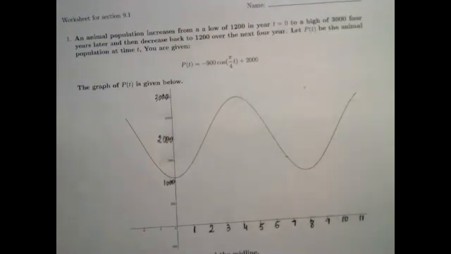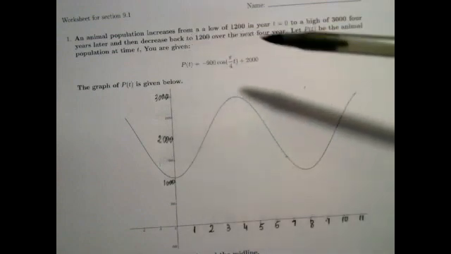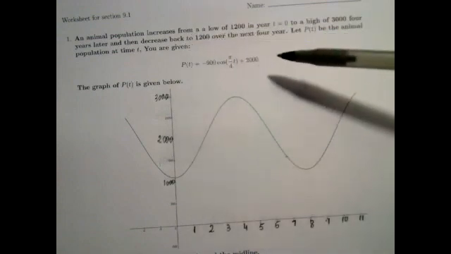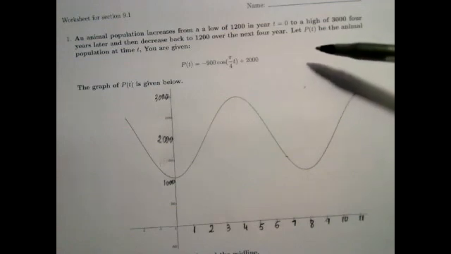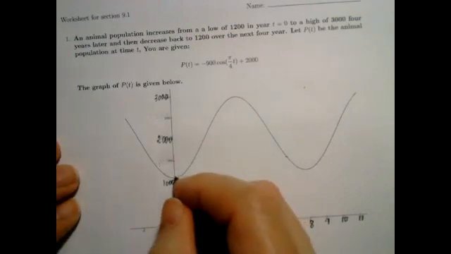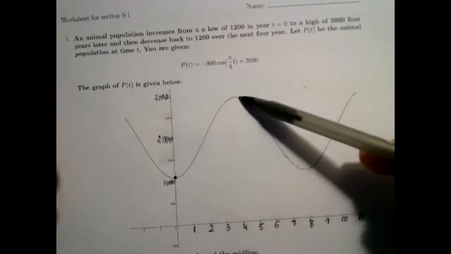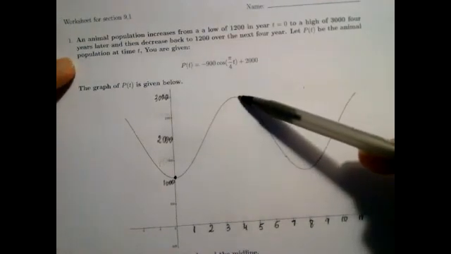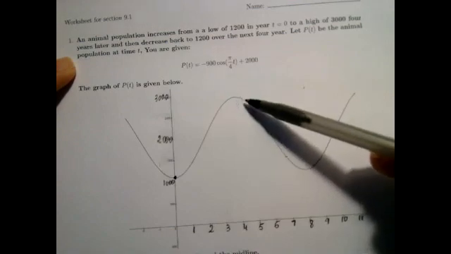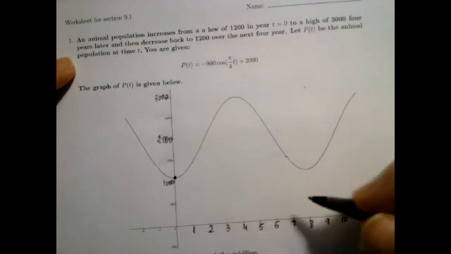You have an animal population that goes up and down, increases from a low of 1200 in the year t equal to 0. So it's a low here of 1200 to a high of 3000 4 years later. So it goes up to 3000. And then it's going to decrease back to 1200 over the next 4 years.